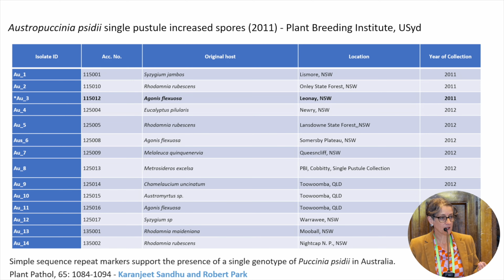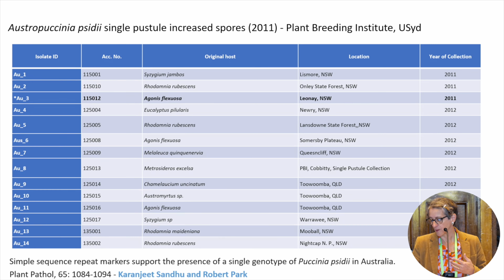So we've got spore collections. You saw that image of Robert's earlier, the liquid nitrogen. So we have our first incursions sort of databased in this storage, which is great.